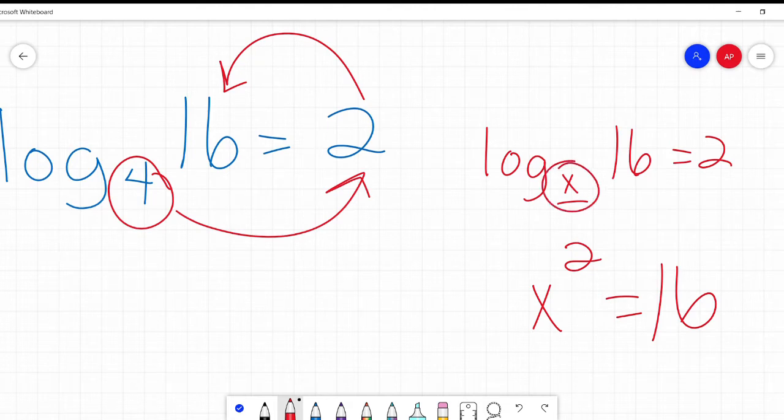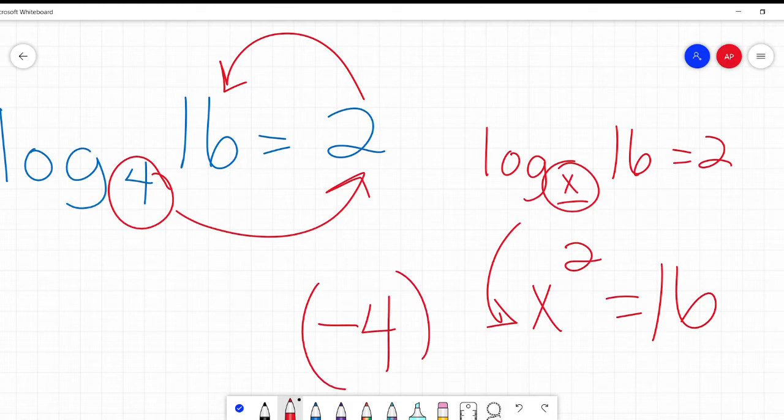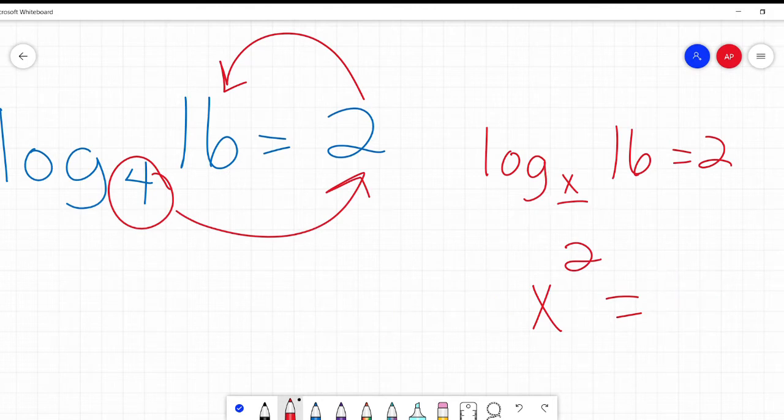This has to be positive. When we're talking about exponents, that's not true, because I could have negative 4 squared equals 16, and that's true. But, and this is a big but, it can't be negative 4 here. You can't have that. It's a no-no. It has to be greater than 0.